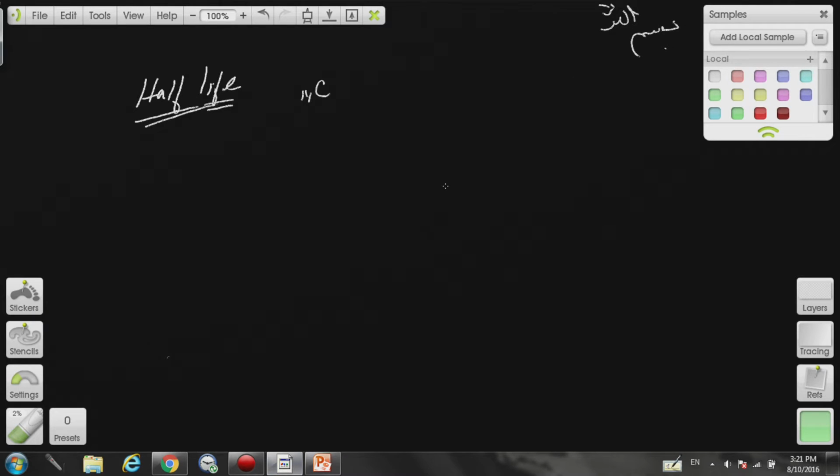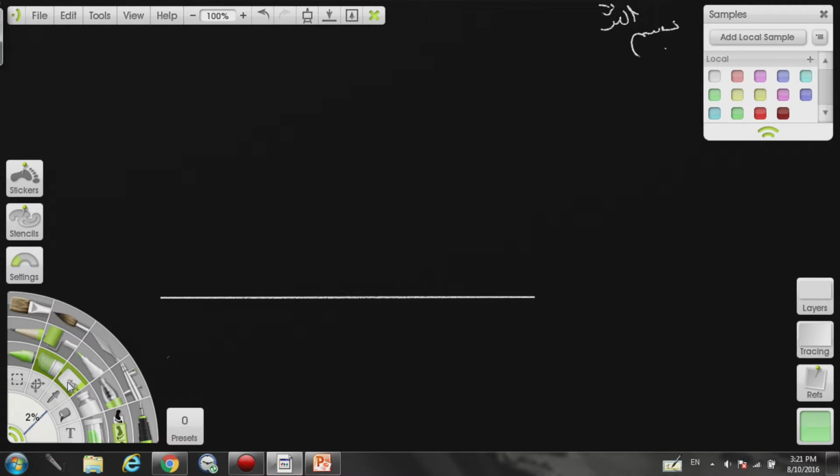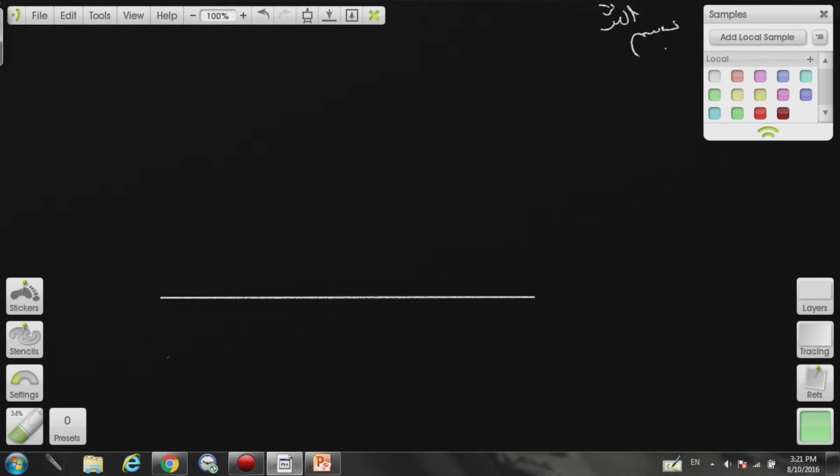We try to illustrate that here. So let's just say initially there is this much amount of material there. In the first half-life, half of it will have deteriorated, and half of it will remain.